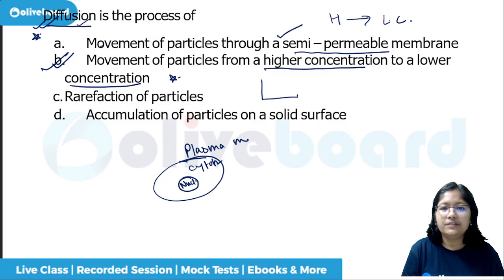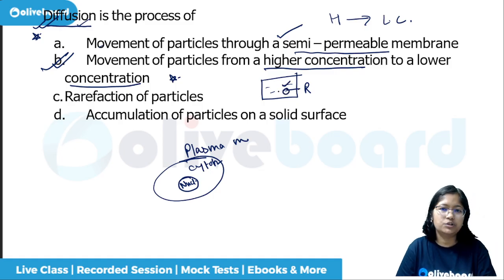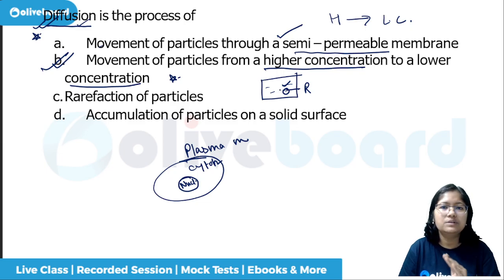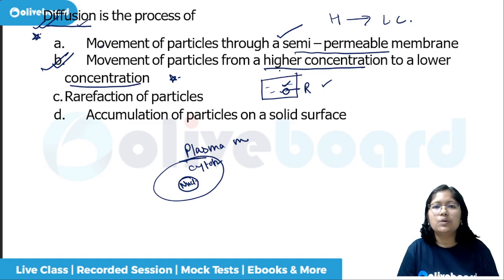For example, if you are soaking gram or raisins in a beaker filled with water, then after a few hours or the next morning, you will see that they have swollen up and water has gone inside those grams or raisins. So what has happened?